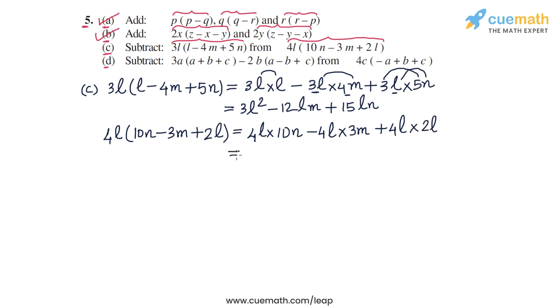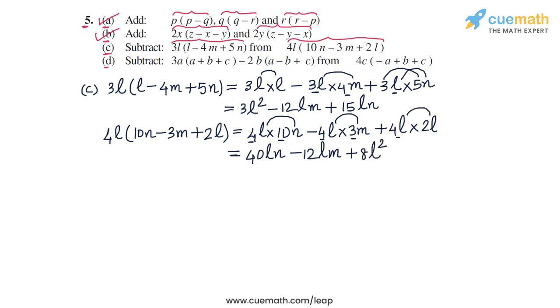Okay, so what is this equal to? 4 into 10 is 40 and l into n is ln. So 40 ln, and then we have minus 4l into 3m, so minus 4 into 3 is minus 12, and l into m is lm, so minus 12 lm, and then we have 4l into 2l, 4 into 2 is 8, and l into l is l square, so 8l square.